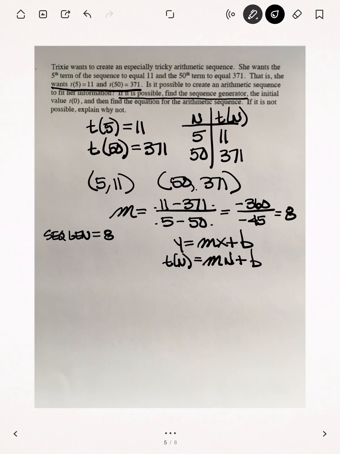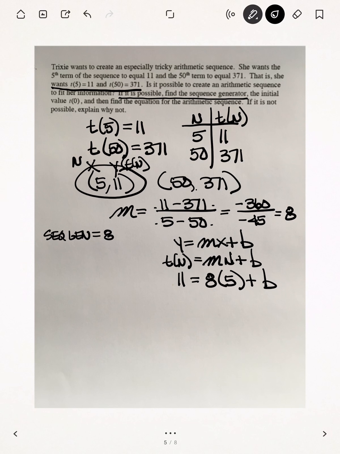So we're going to pick a point. Let's pick the small point and let this be x and this be y. Or this is n and this is t of n. So under the t of n, we're going to put 11. Our slope is 8, and our n in this case is 5.